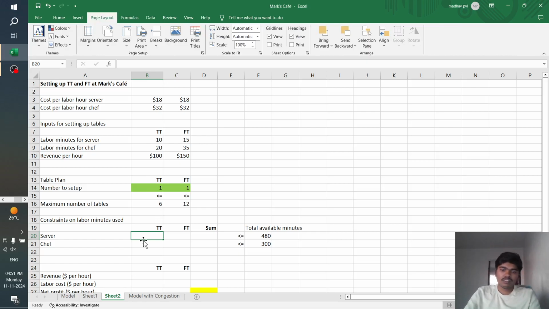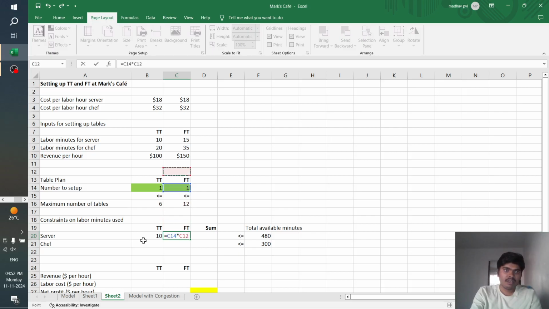Even for the four-member table, considering it as one table, we require this much time. We calculate the same for the chef, who also has one table and the number of labor minutes required is this. Here we have the number of tables times the number of minutes required.